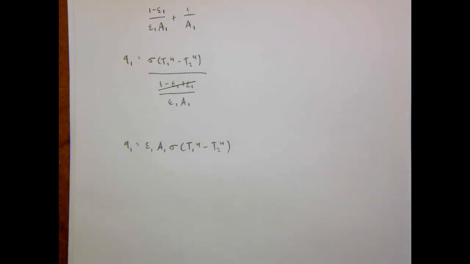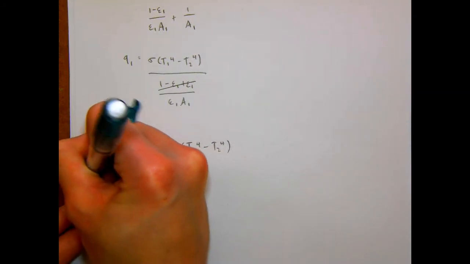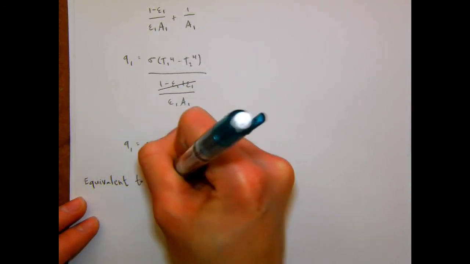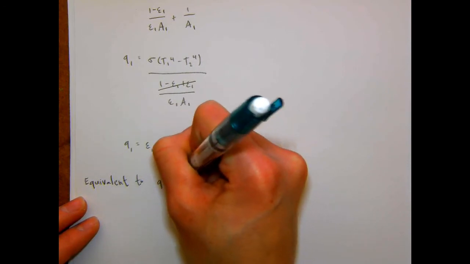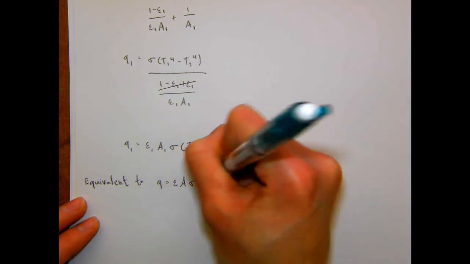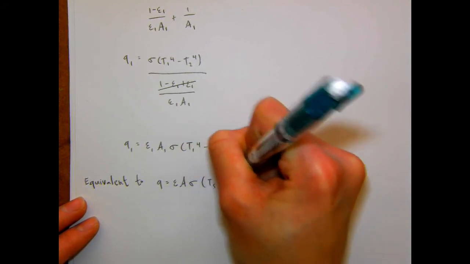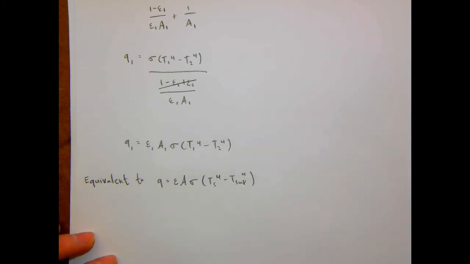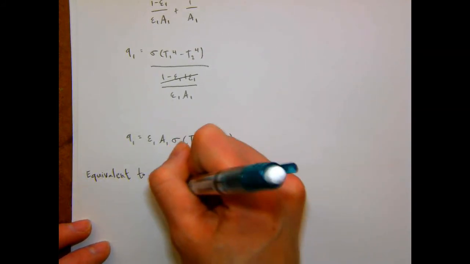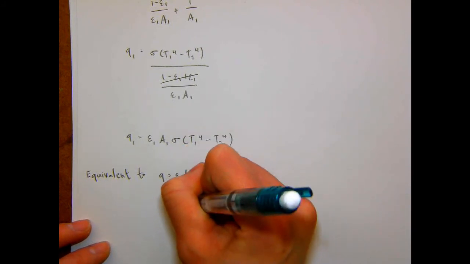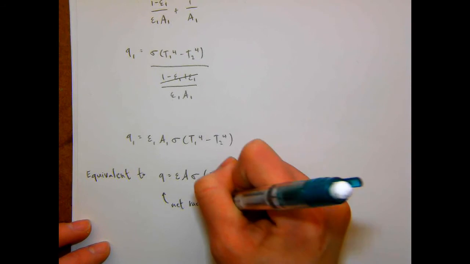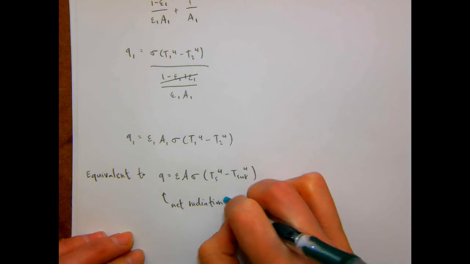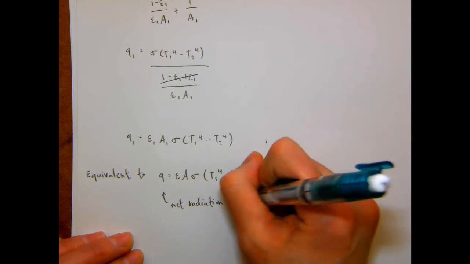So this is equivalent to a familiar equation where we said T sub 1 was the surface and T sub 2 was the surroundings, that we started off with when we first introduced radiation. So this is net radiation from the surface to the surroundings.